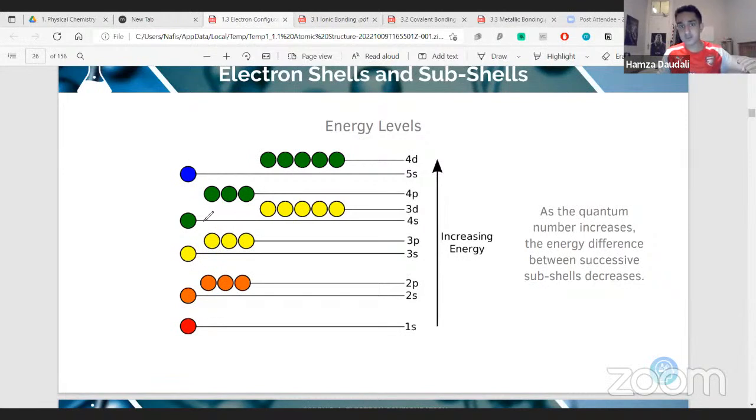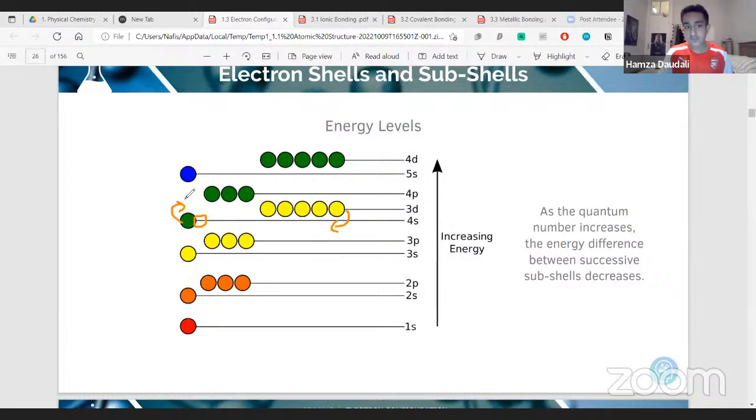Once the 4s subshell fills up, however, it then goes to a higher level than the 3d subshell, and the 3d subshell goes to a lower energy level, where it is able to become filled up. So it's almost like they switch around.